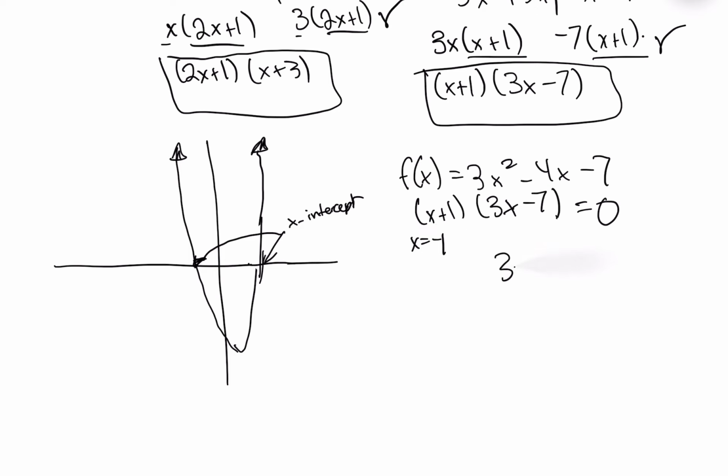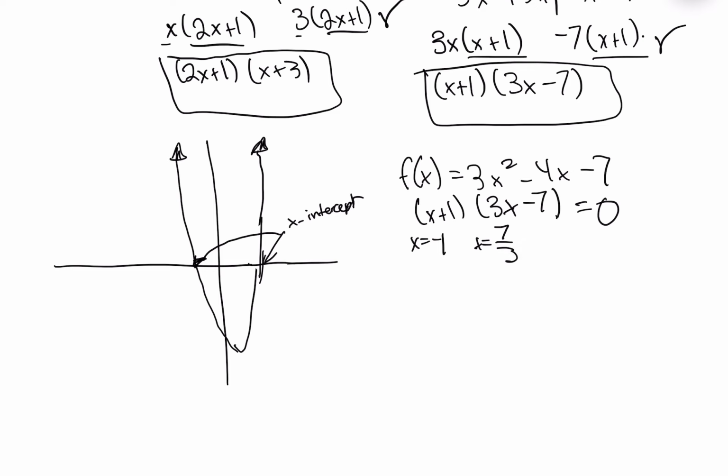Then we have 3x minus 7 equals 0. A little bit more work. We add 7 to both sides. 3x equals 7. Divide by 3, 7/3. So we know that when x is equal to 7/3, this entire thing equals 0 as well.